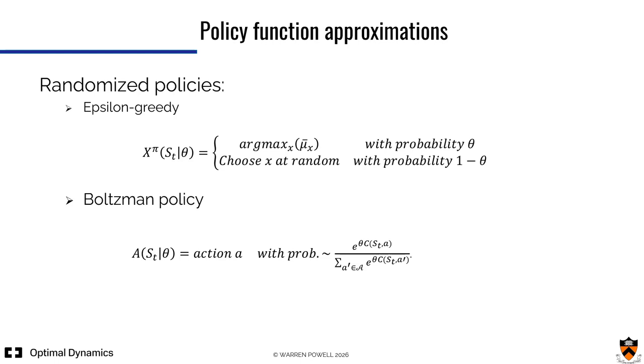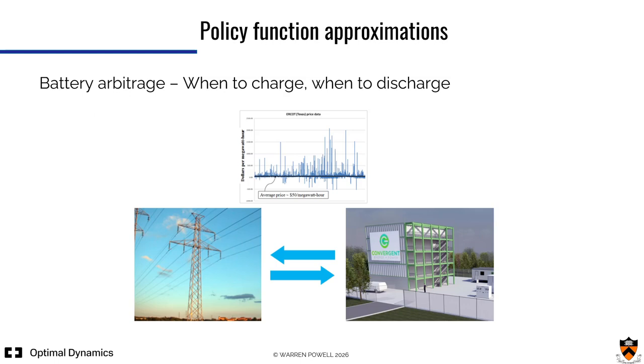That's a probability. Now, if theta is equal to 0, you're going to do any action with equal probability. As theta gets bigger, you're going to do the action with the highest apparent reward with the highest probability. And so that allows us to focus on the actions that appear to be best while still encouraging some exploration.